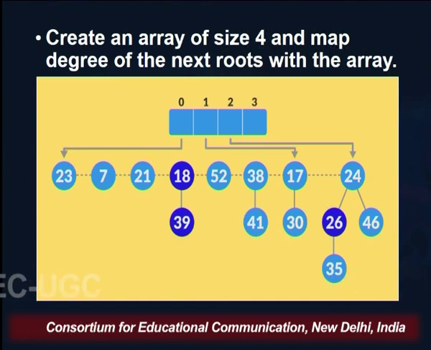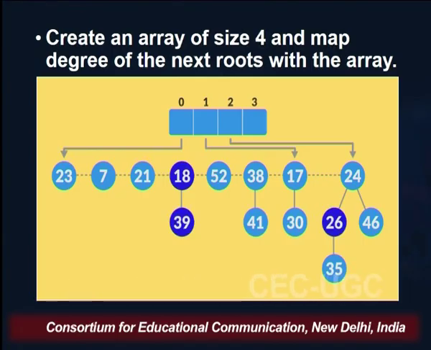The index in the array represents the degree of the node. So 0 is pointing towards 23 because that is the first tree with 0 degree. That is not the only tree, we are going to consolidate it soon.